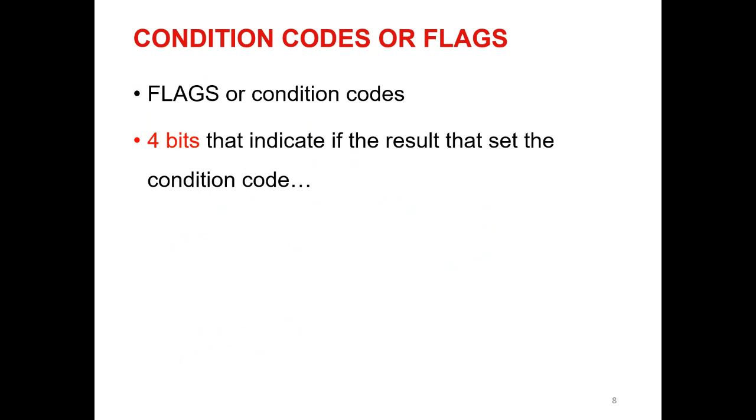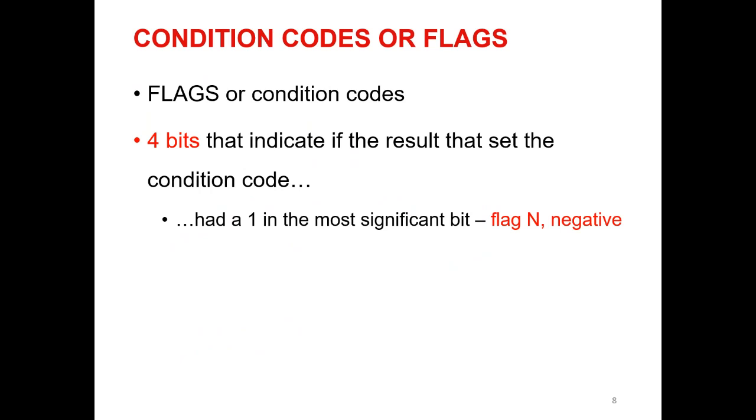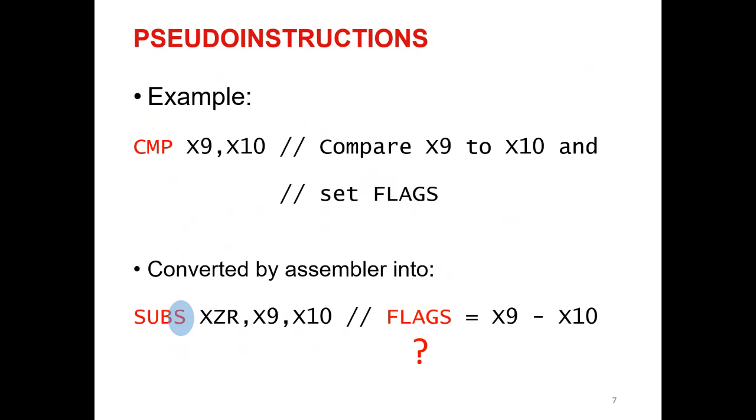Those flags are condition codes that we use for different things. Basically, these flags are 4 bits, which indicate the result and set a specific condition code. We have different condition codes. The first one is the flag N, and it says whether the result of an operation was negative or not. For instance, here we were subtracting register 9 and register 10.